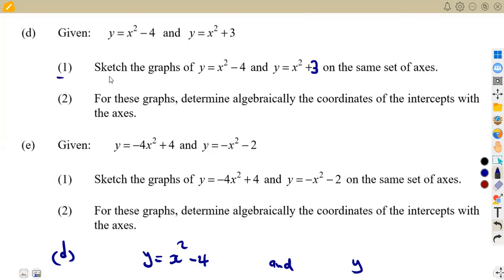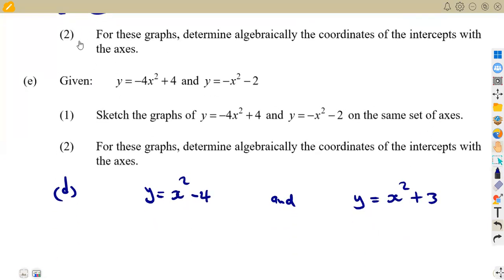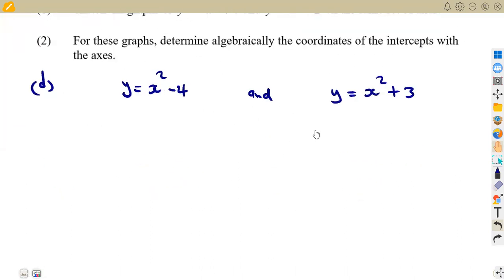So this is just a sketch, but the sketch is supposed to be meaningful. It's supposed to represent exactly what the graphs are supposed to give us. That is the first question. Then the second one is to determine algebraically the coordinates of the intercepts with the axes. We're going to talk about that.